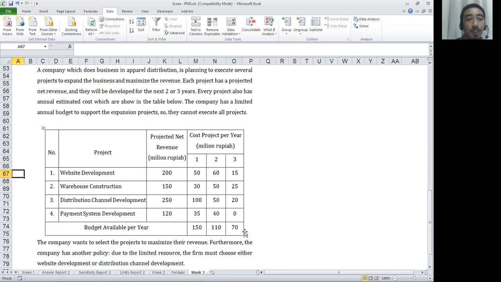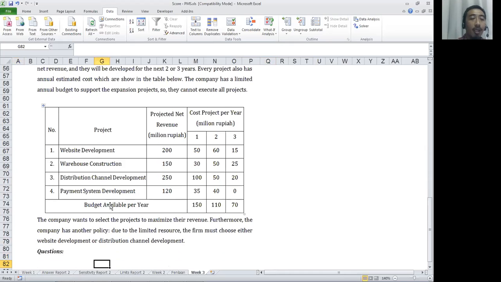Can you see the situation? So the variables will be these four alternatives. Let's say this is X1, this is X2, X3, and X4. And the answer will be only either 0 or 1. 0 means you don't run the project. 1 means you run that project.